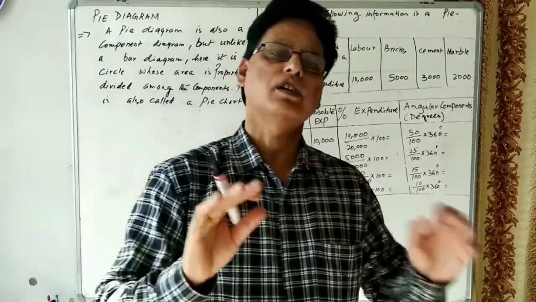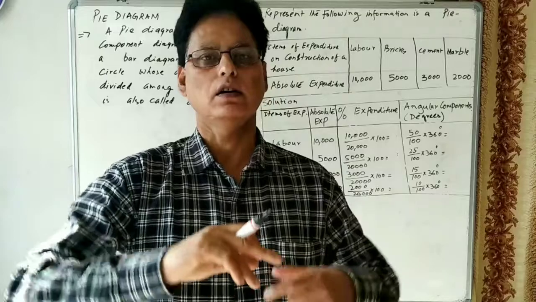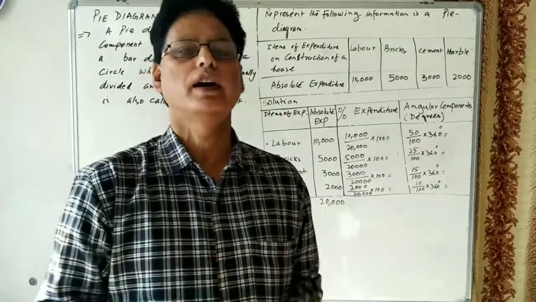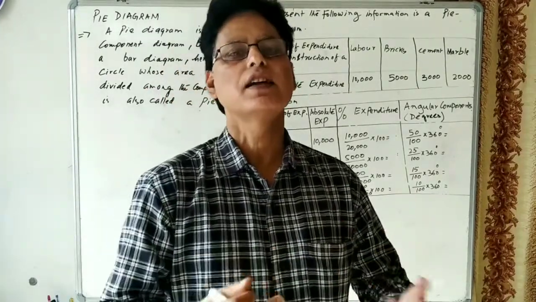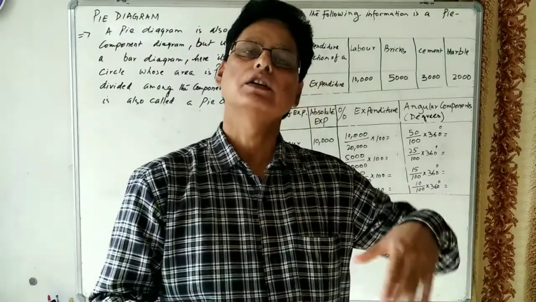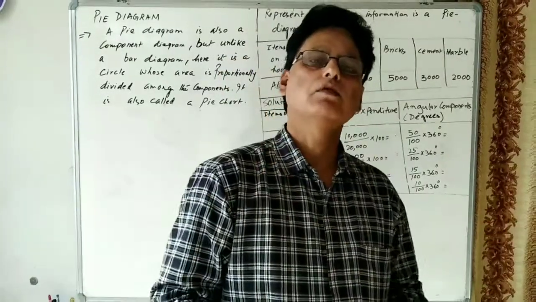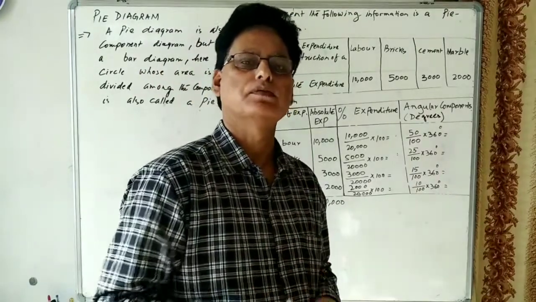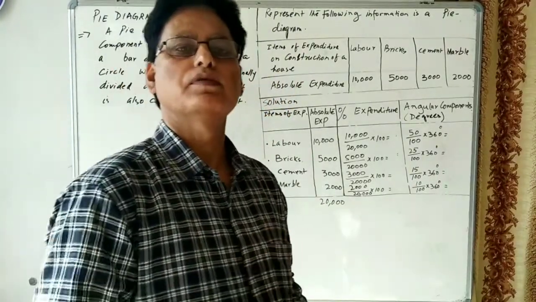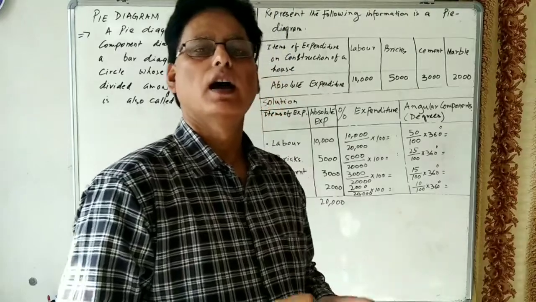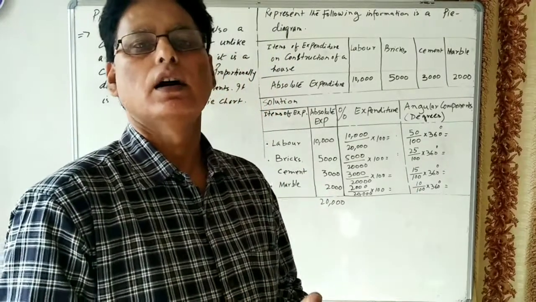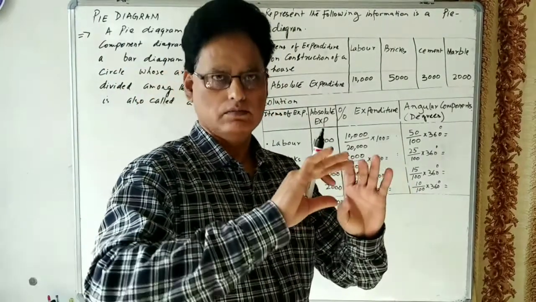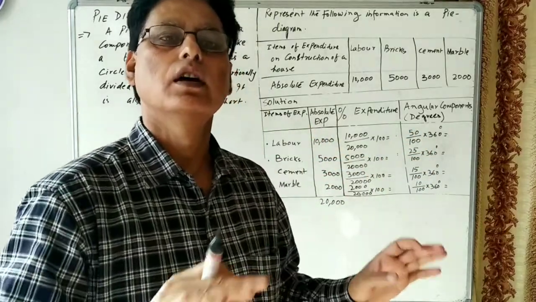I told you, first we convert the absolute value into the percentage value. Then we'll convert into degrees, and only then we'll draw a circle with the help of a compass, and then we'll divide the pie diagram into different components.